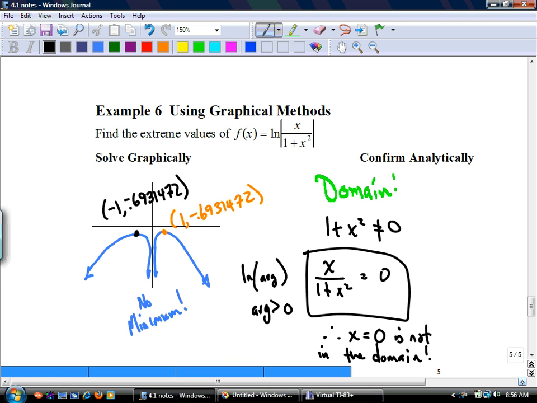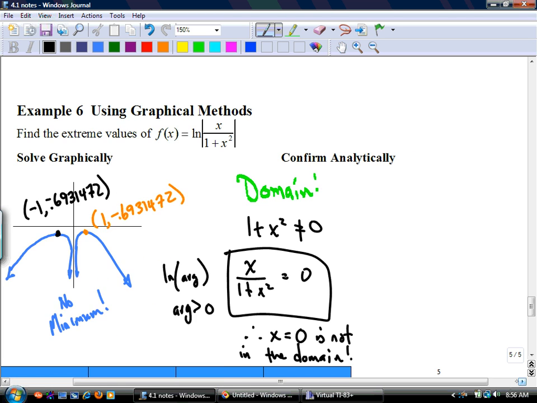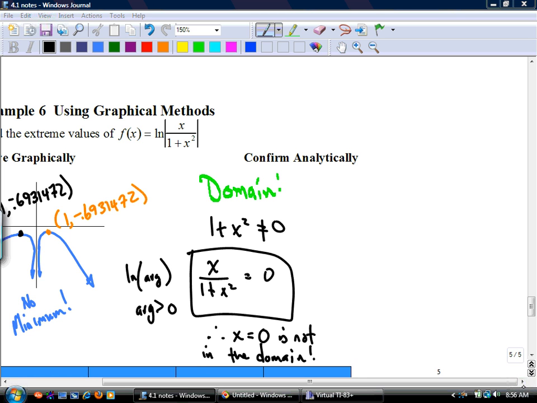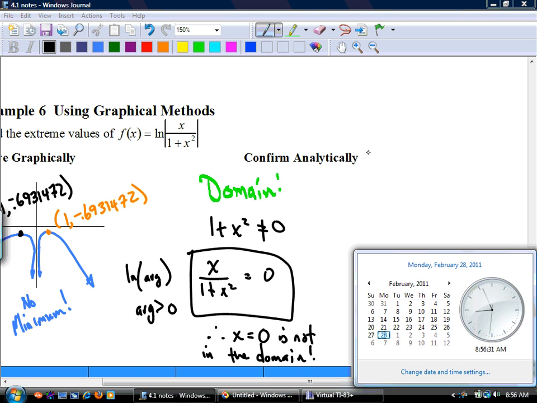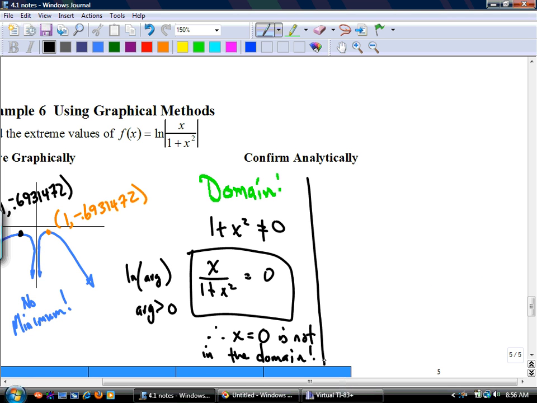Okay, take the derivative. So what's the derivative of ln u? Hey, today's the 28th. What's the derivative of ln u? 1 over u times u prime. What rule do we need? Whoosh rule!